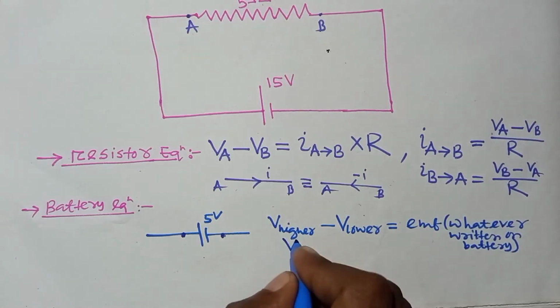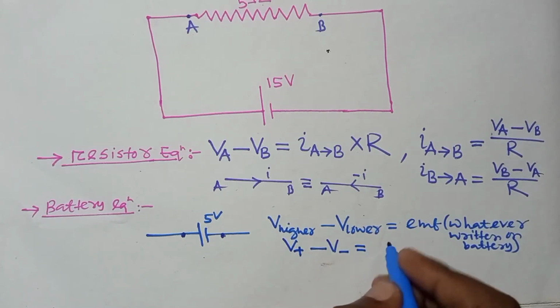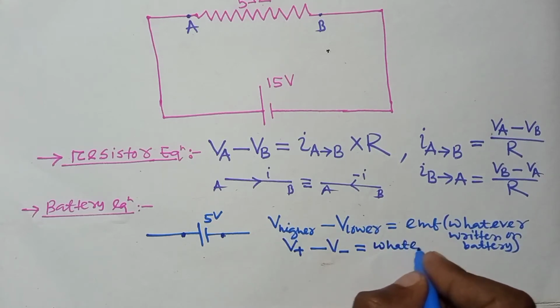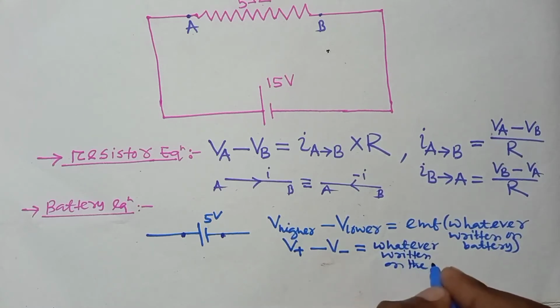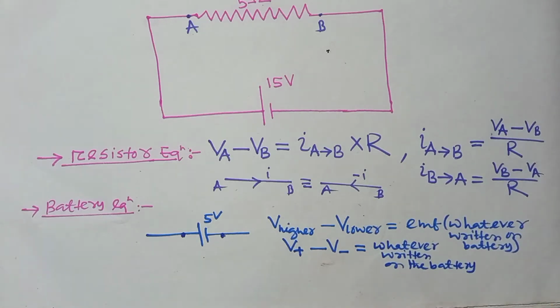Or in other words, potential of positive side minus potential of negative side is equal to whatever is written on the battery. So this is the very basic battery equation. This side minus this side is always equal to whatever is written on the battery.